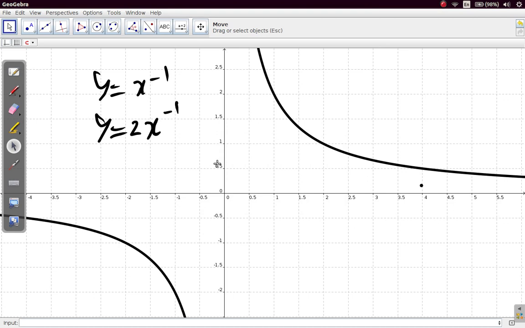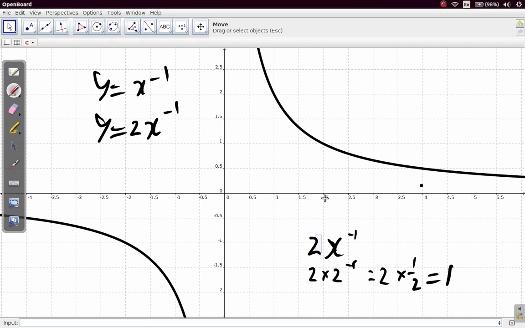The graph goes out a bit further. Because when x is 2, we're going to have 2x to the negative 1, but it's 2 times 2 to the negative 1, which is 2 times 1 over 2, which is 1. So when x equal 2, y is 1.